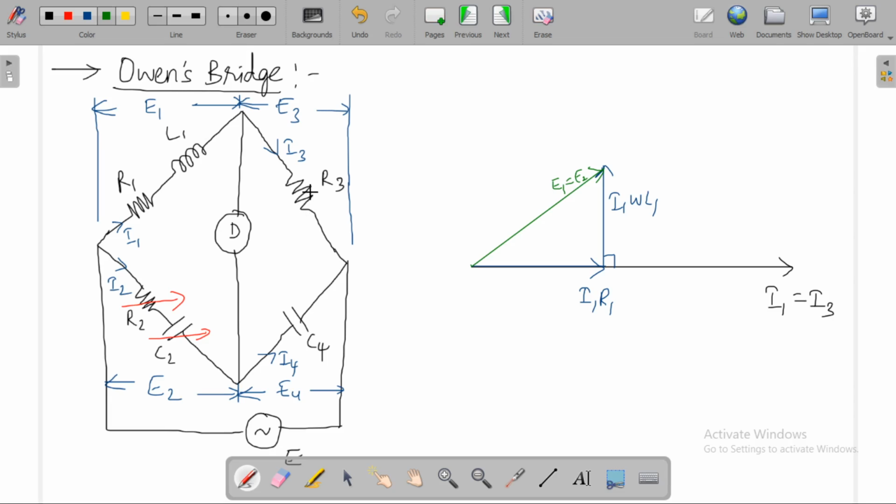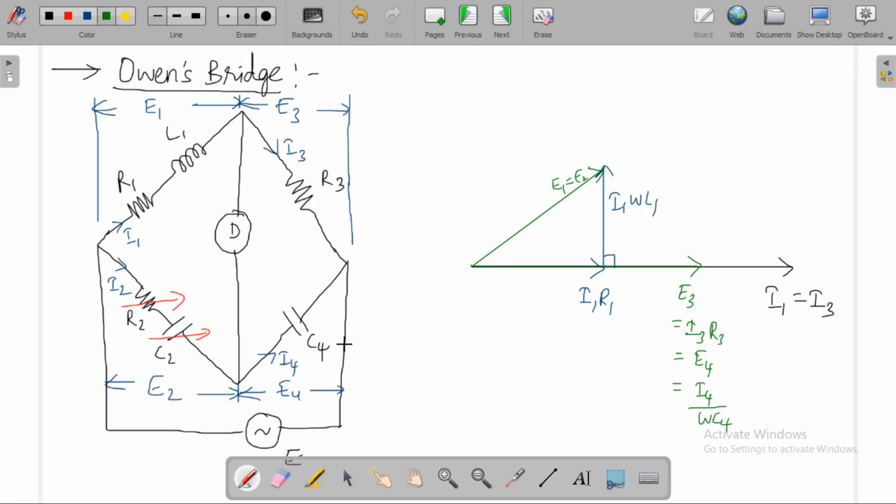Voltage across R3 is in phase with I3. So this will be E3, which is equal to I3 R3, which is equal to E4, which is equal to I4 by omega C4, the voltage across the capacitor.